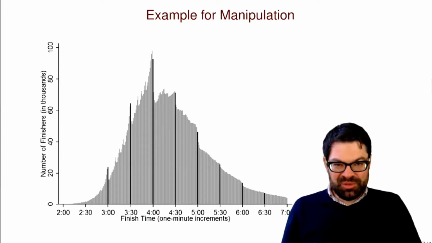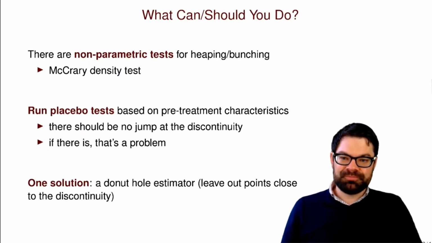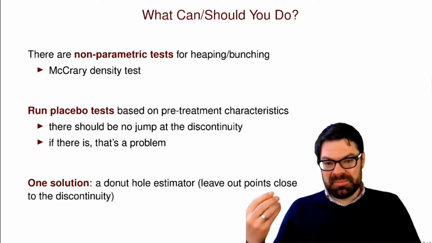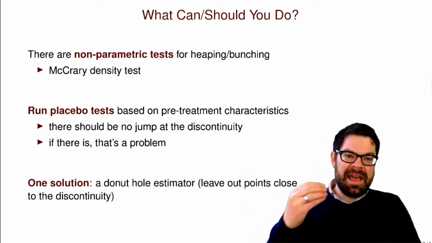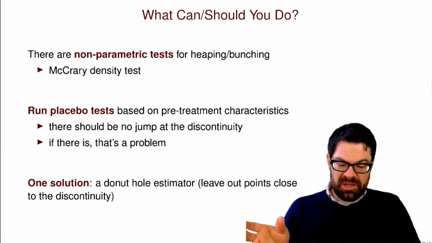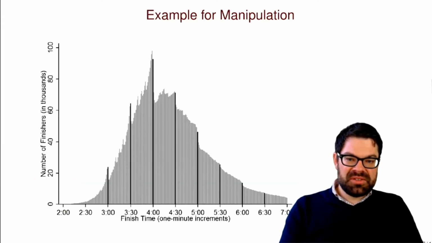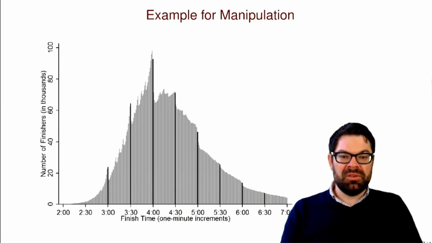If it's not smooth, it's hard to defend why being above or below the threshold is random. Then you can run a so-called McCrary test, which is basically just a non-parametric test for bunching at arbitrary kink points or at arbitrary thresholds. It basically just tests whether that distribution is smooth or not based on the data you have.